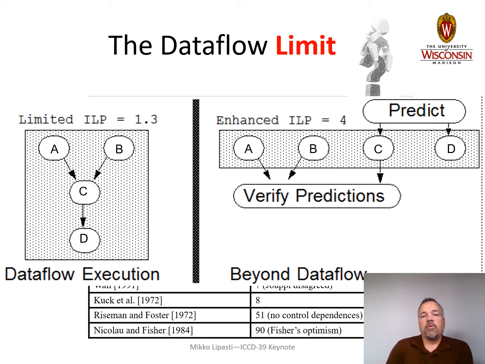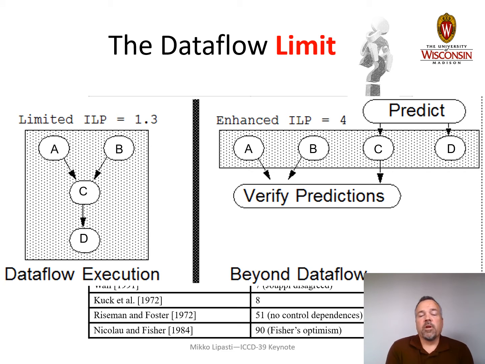But it turns out that if you predict the outcomes of these instructions, so if I actually predict the values that A and B will generate, and similarly what C will generate, then I can actually execute these 4 instructions all concurrently, all in parallel, and the limit in this case will be 4 rather than 1.3, or the available instruction level parallelism, assuming these predictions are correct.